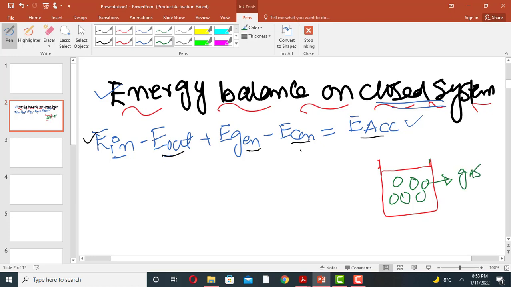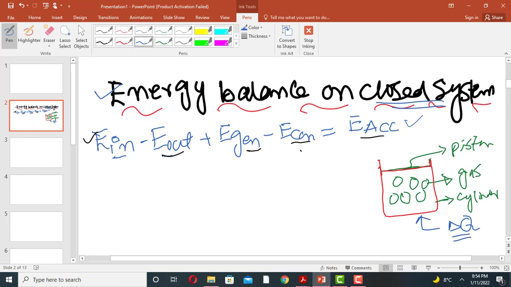And this is the piston, frictionless piston. This is the cylinder. And this is the piston.